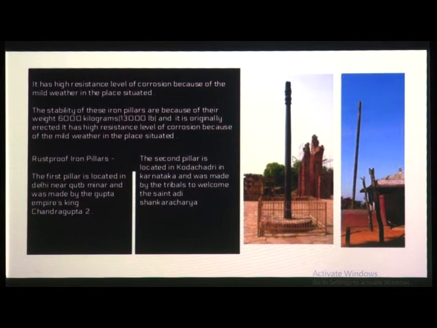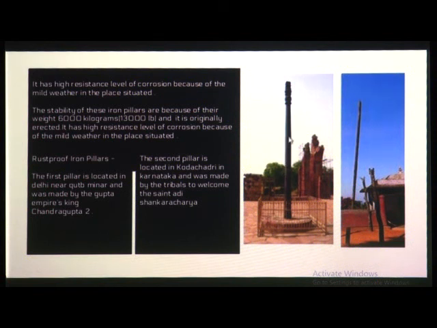These two pillars are made of iron and have been situated here for thousands of years, in sunlight and air. These areas are cold or mild regions with the possibility of water vapors, so they have a possibility to get rusted.